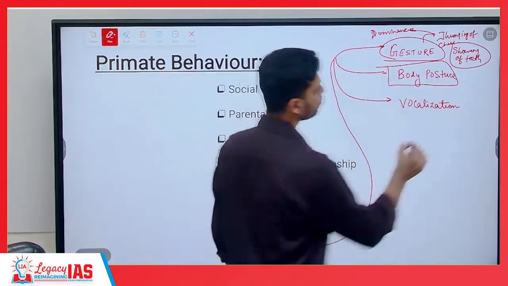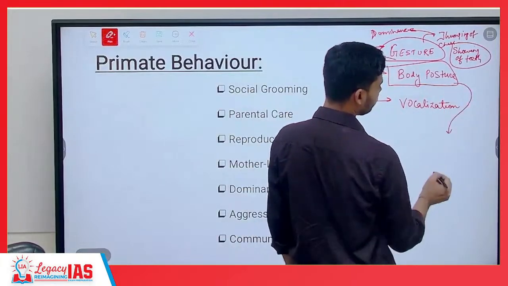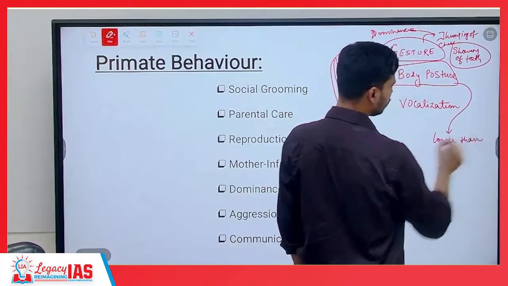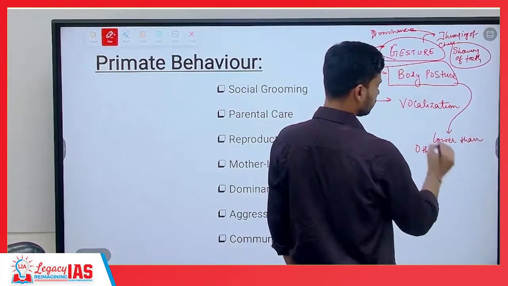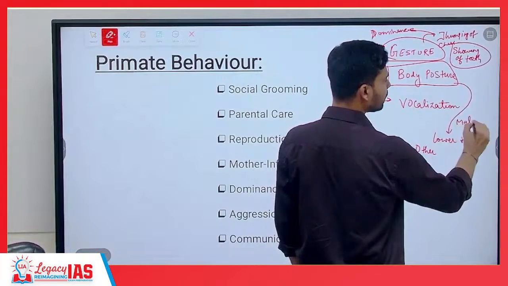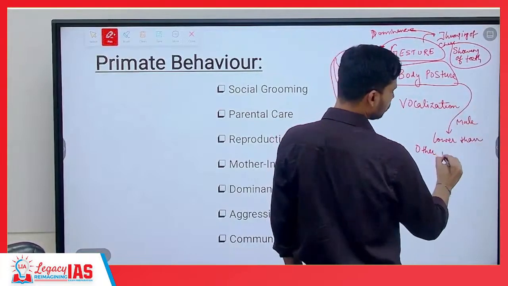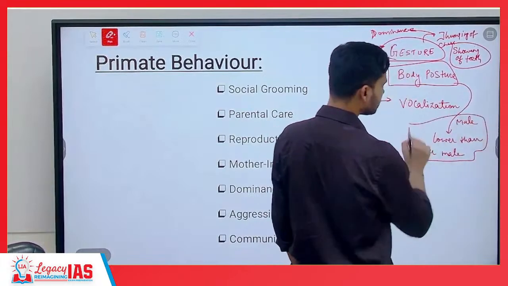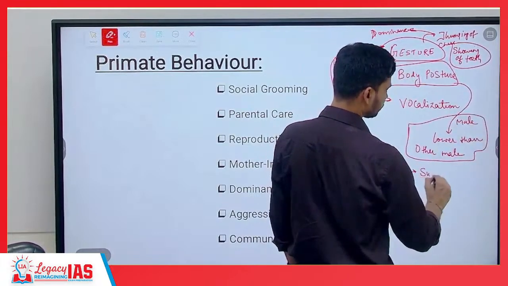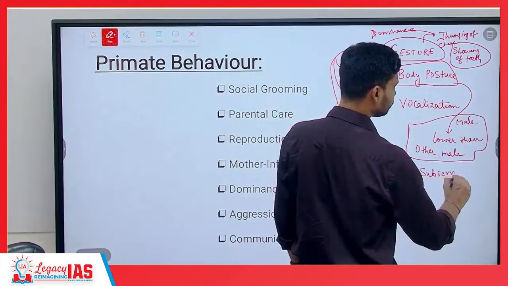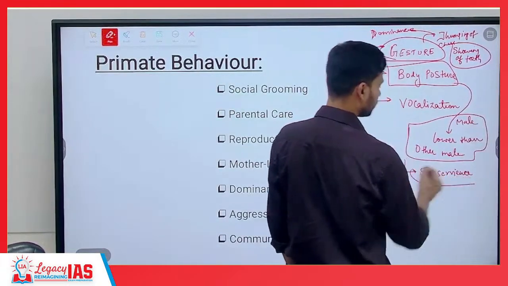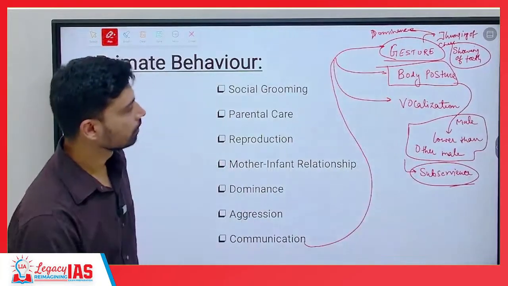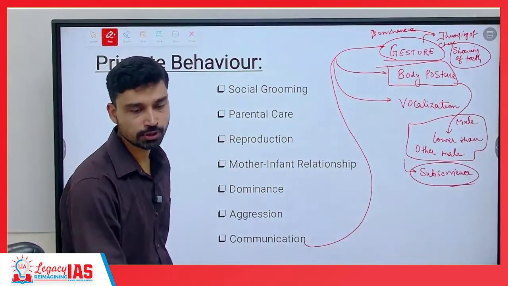So if the body posture of one male is lower than the other male, it is considered a signal of subservience, accepting the authority of the other one.